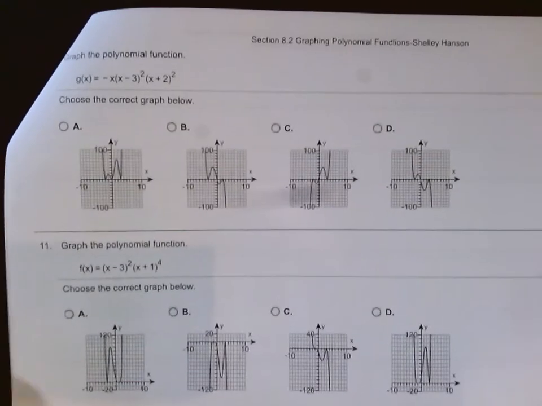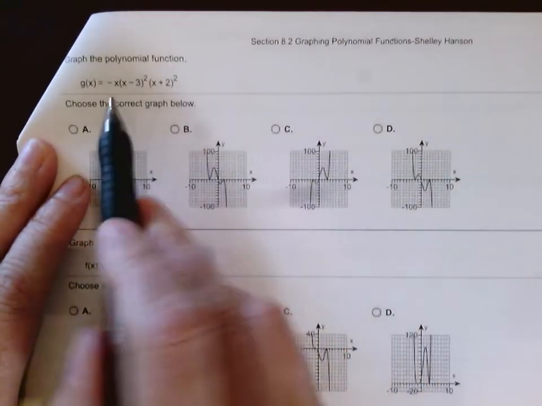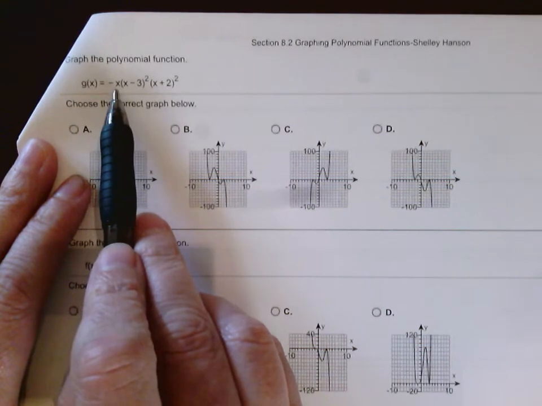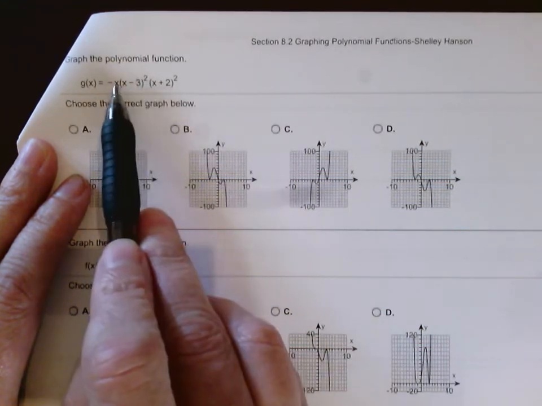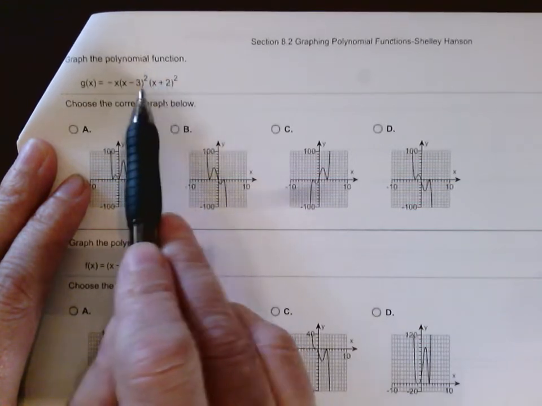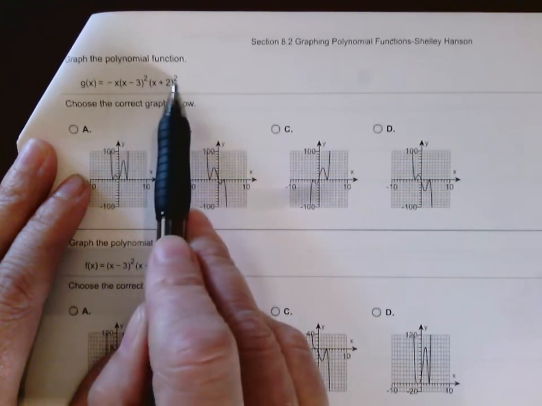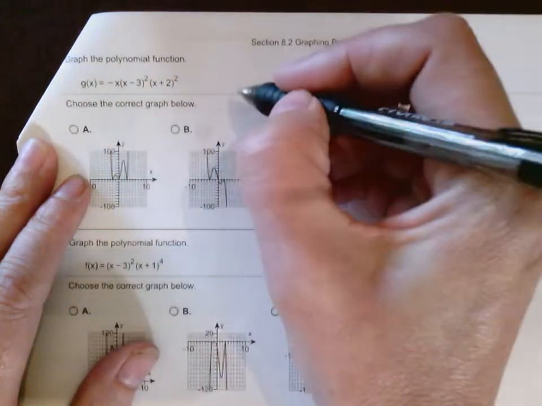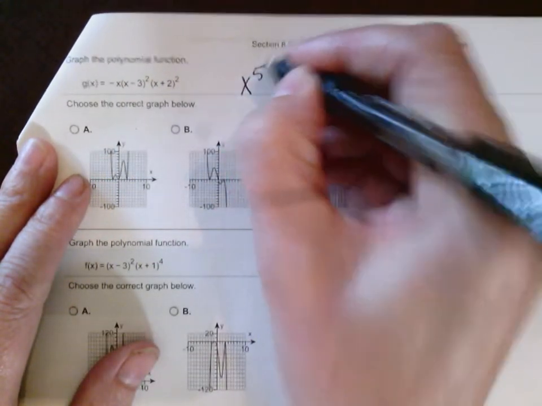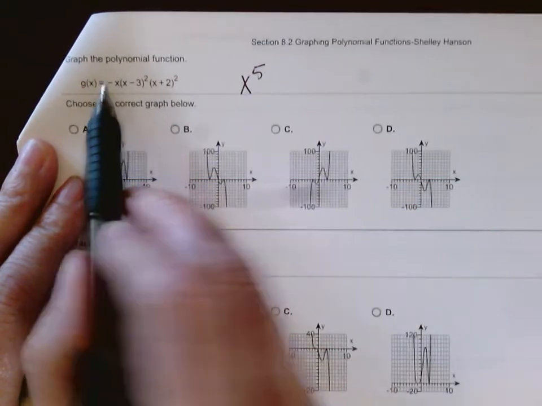All right, number 10, same thing. Let's see, I have 1. This would give me 2 x's since it's x squared. So 2, 3, 4, 5. This one will give me 2 also. So 1x here, 2 here, and 2 here. So 5 altogether. So x to the 5th, and this negative comes with it.